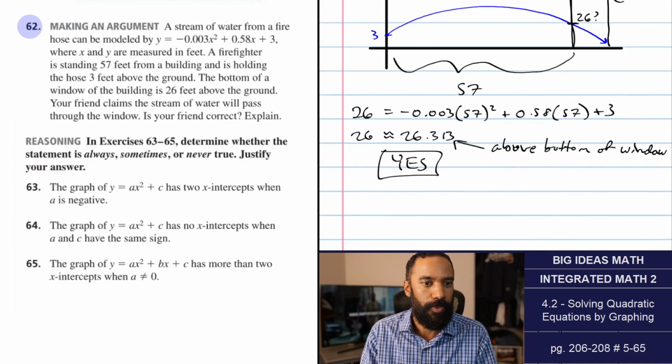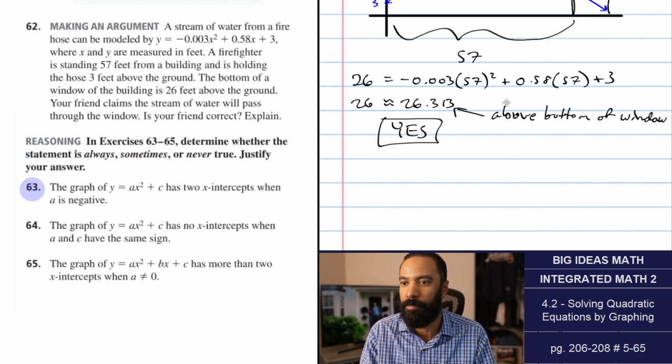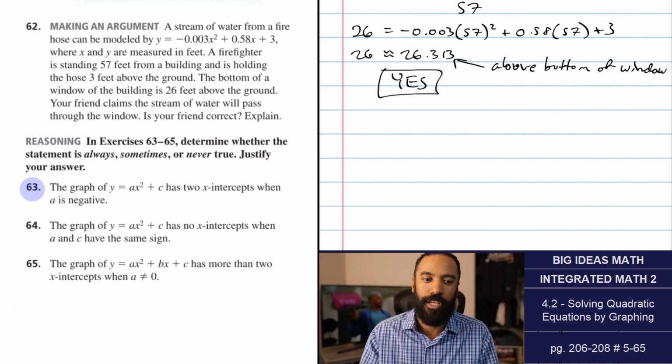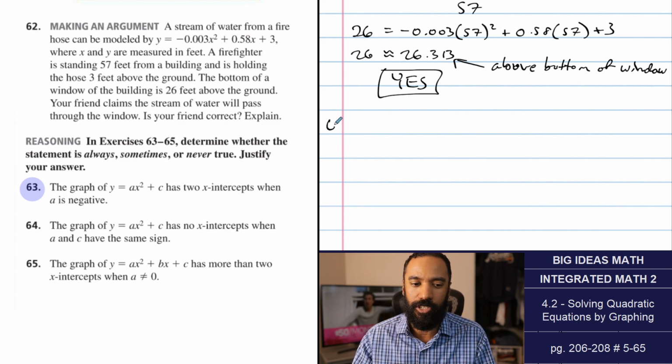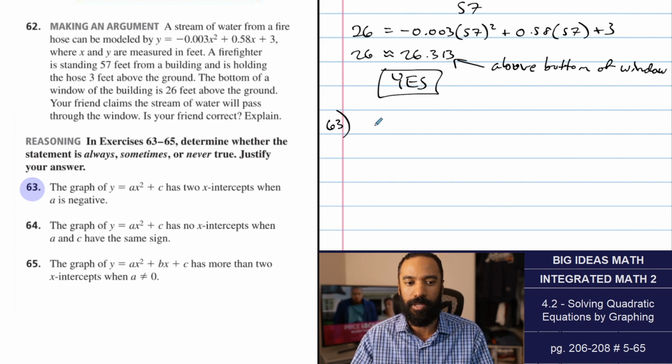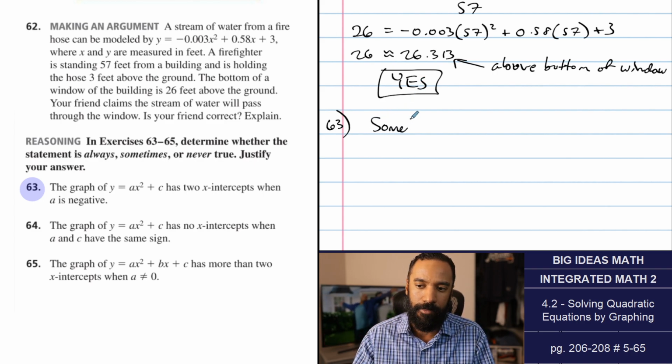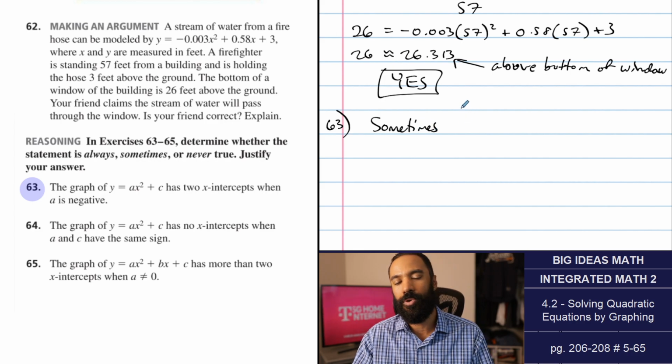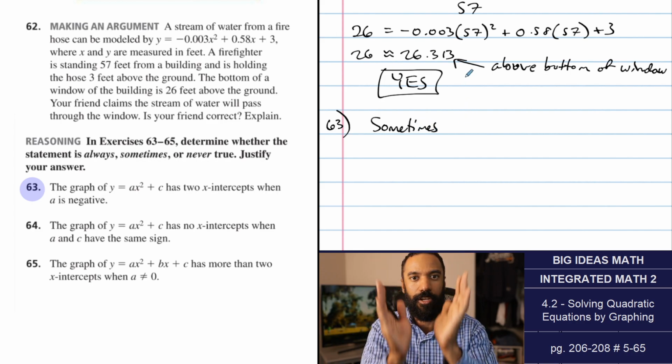All right, numbers 63 to 65, the last 3 questions. Determine whether the statements are always, sometimes, or never true. Justify your answer. Okay, the first one, the graph of y equals ax squared plus c has two x-intercepts when a is negative: always, sometimes, never. This is a sometimes. When you have ax squared plus c, it's just a vertical translation.